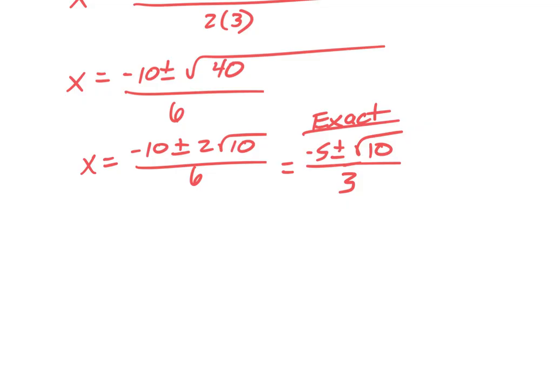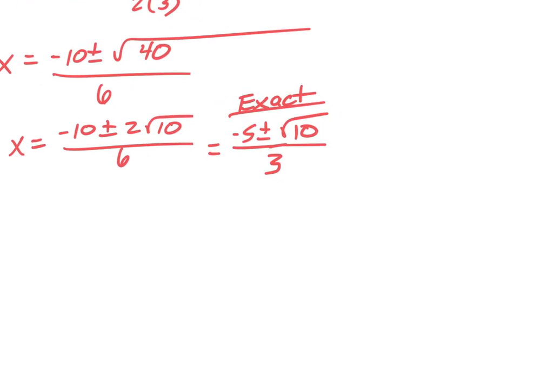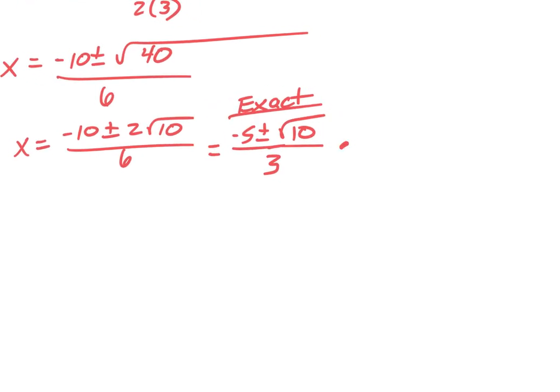If we want the decimal answer, then we would put this into our calculator. Okay, and there's going to be two solutions. On most of the problems that we do here, there's going to be two solutions. To get those two solutions, we're going to put this into our calculator. So let's get your calculators out and let's try putting this into your calculator and see if we can get the decimals.